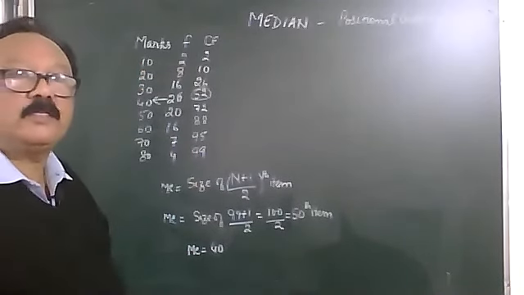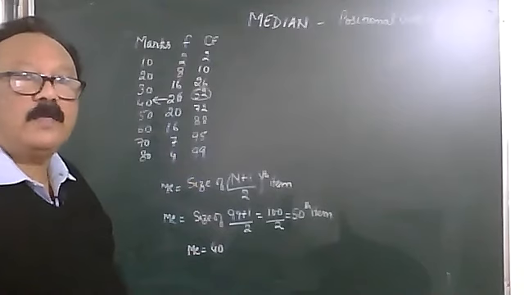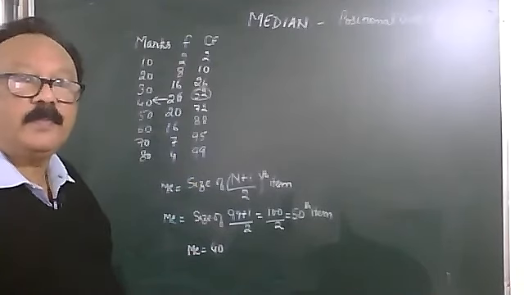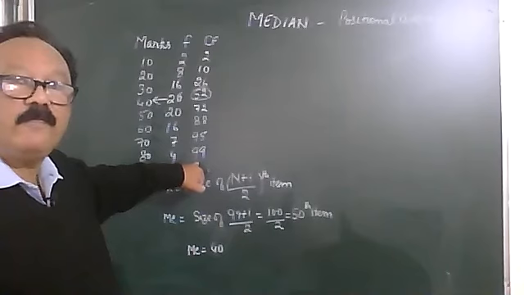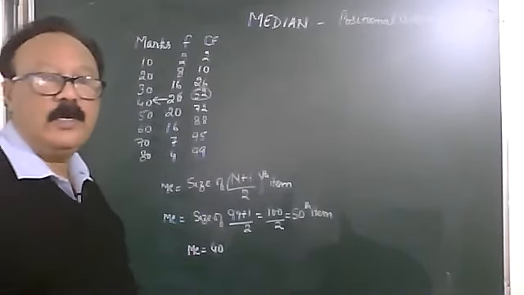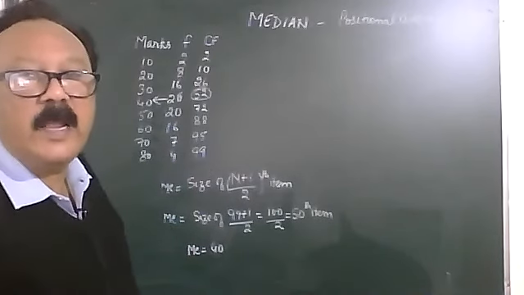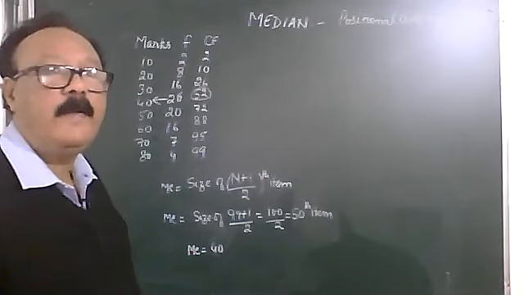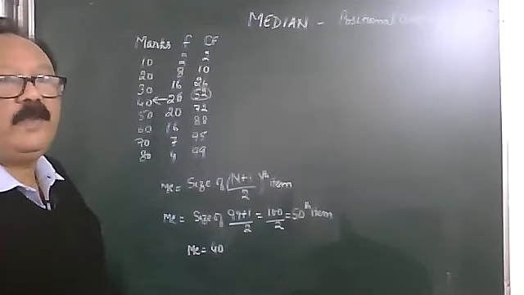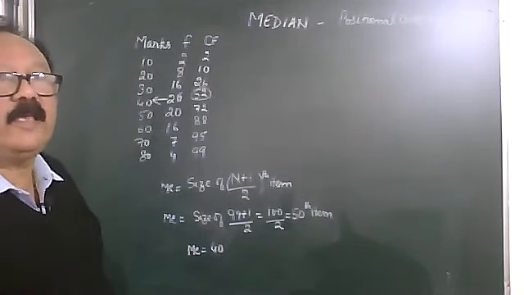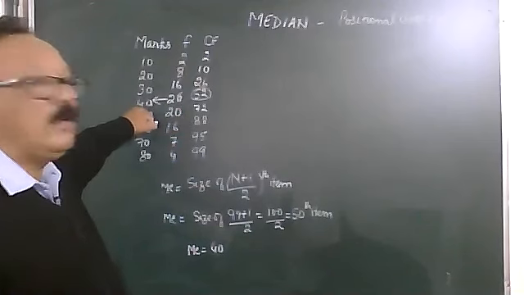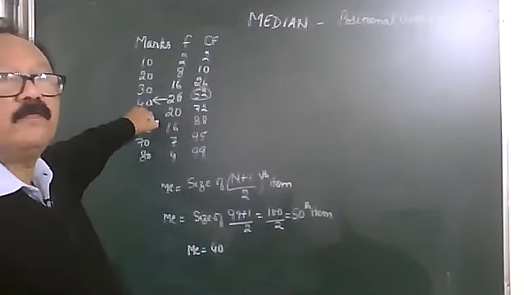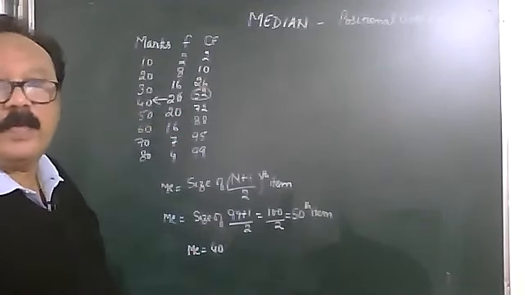Median is equal to the size of n plus 1 upon 2 item, where the n value will be the maximum in your CF. So here it is 99 plus 1 is equal to 100. And then the 50th item is spotted in the CF. And then we place the arrow for the median. Median is 40. Is that okay?